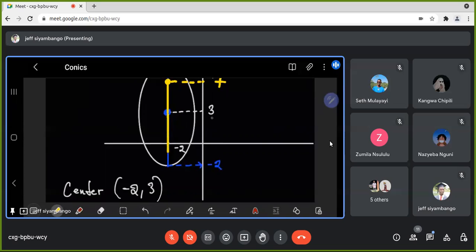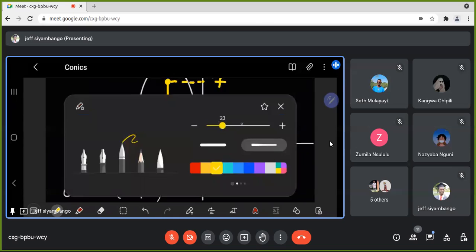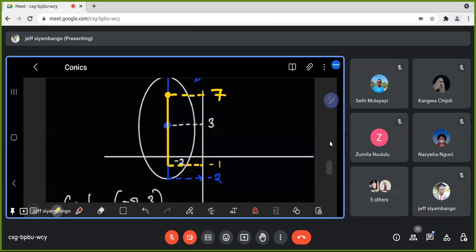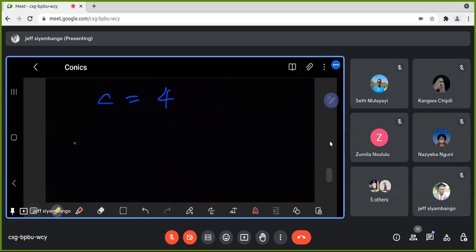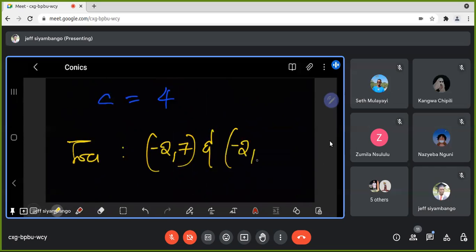Since we are at 3, the reading here has to be -1. Based on that, it tells us that the foci in this case will be at (-2, 7), the one up, and (-2, -1), the one down. Any questions there?